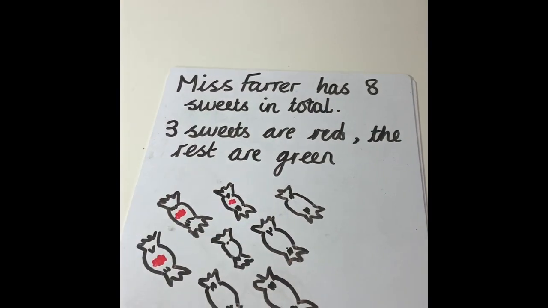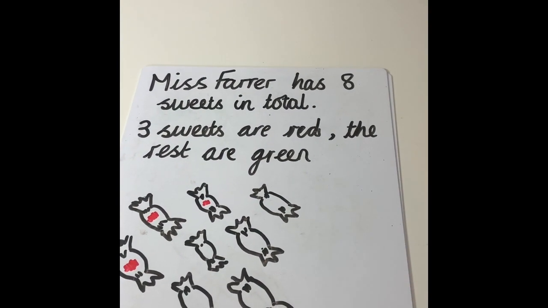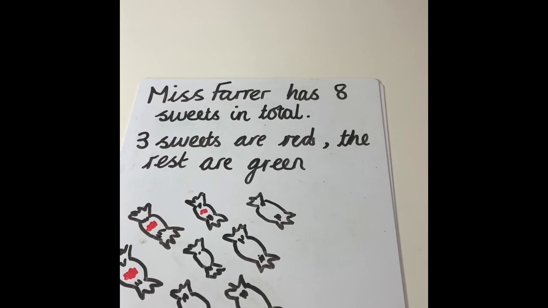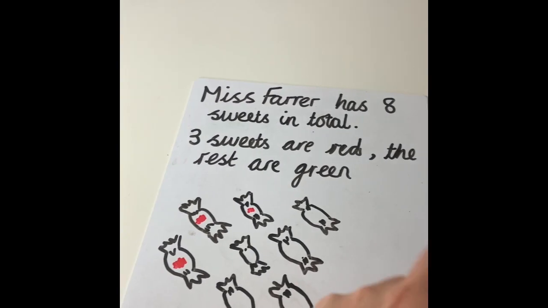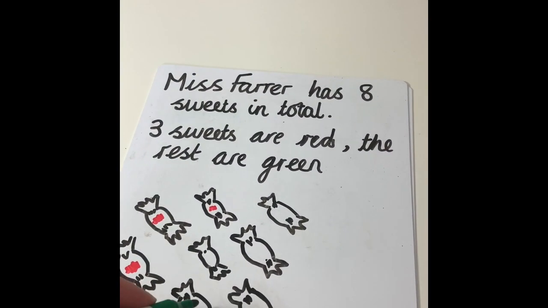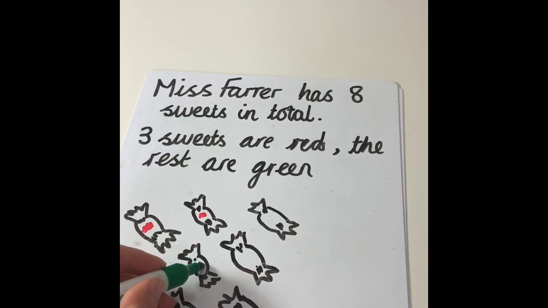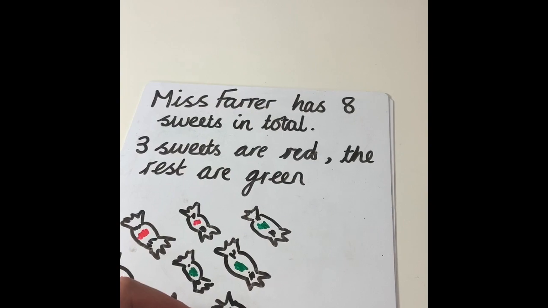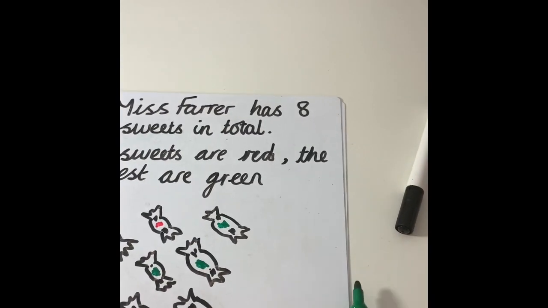aren't coloured in yet. So you know you've got 8 in total, and you know that 3 are red. So I know I've now got 1, 2, 3, 4, 5 that are green.